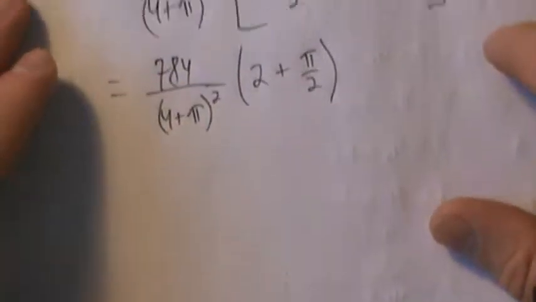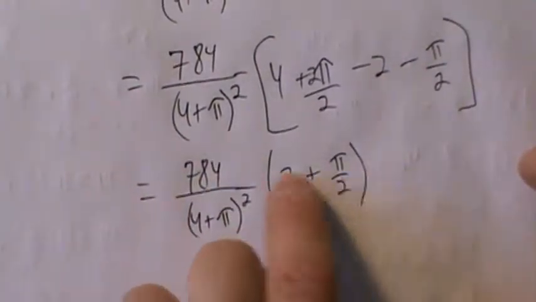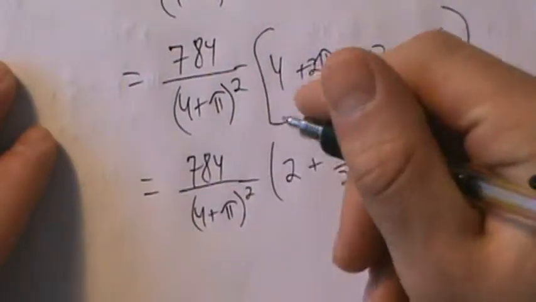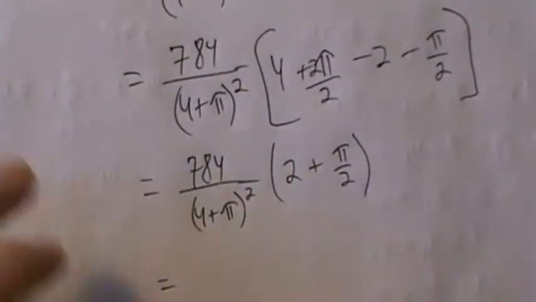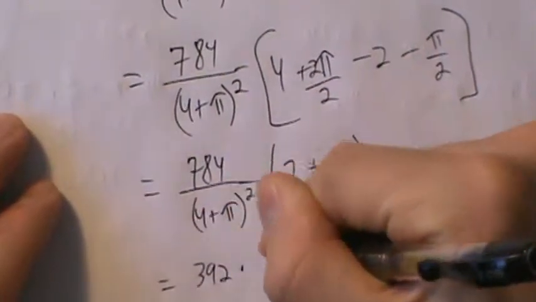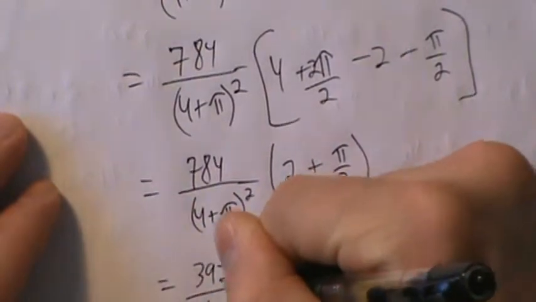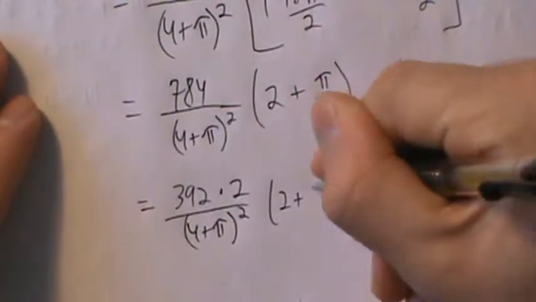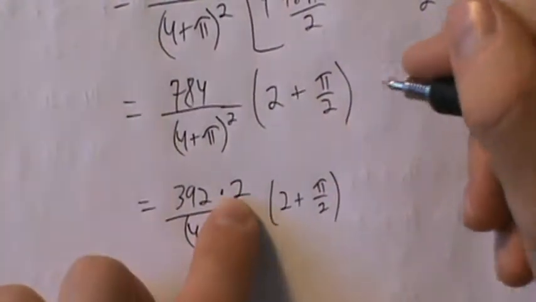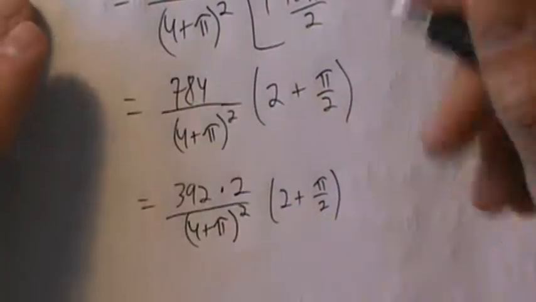But we can still go a little further. So let's push a 2 inside of this parentheses here. So 784, that's the same thing as 392 times 2. Okay, so why am I doing this? Well, what I want to do is distribute this 2 into here. Okay, so what's that going to give us?